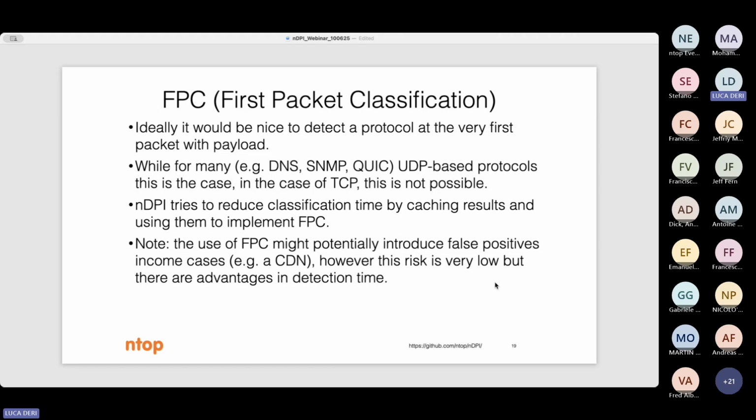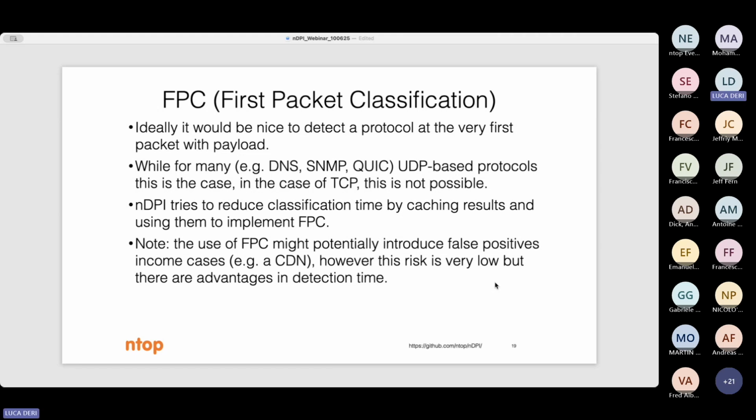We need to do that because we want to be efficient. If we want to be efficient, we need to be fast. And ideally, we should stop at the first packet. In order to achieve that, we store some information in a cache so that it allows us to detect future flows based on past knowledge. That is FPC.